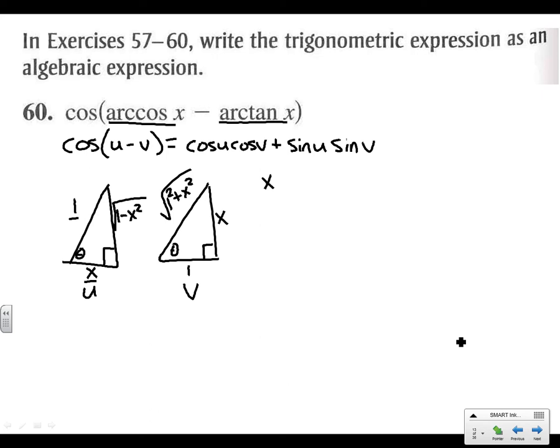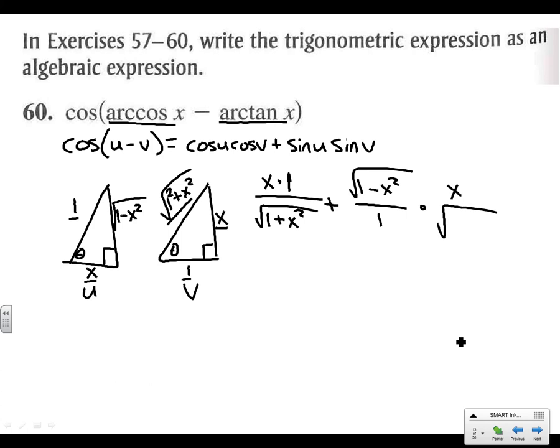Cosine of v would be 1 over the hypotenuse here, over the square root of 1 plus x squared, plus the sine of u is the opposite, square root of 1 minus x squared over 1 times the sine of v, which would be opposite x over the square root of 1 plus x squared. And then we'll just clean this up.